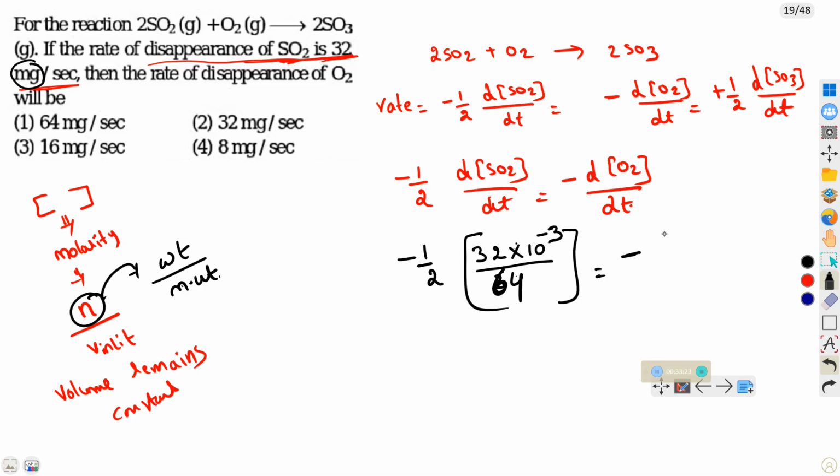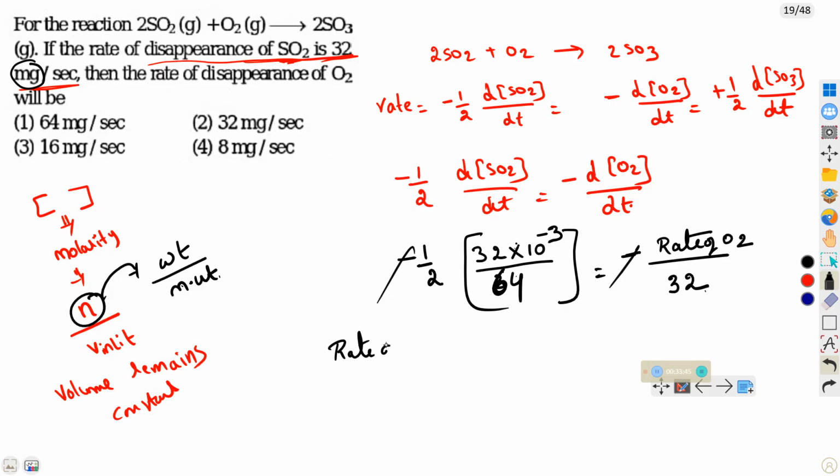Rate of disappearance of O2, by molecular weight 32 grams. Negative sign gets cancelled.